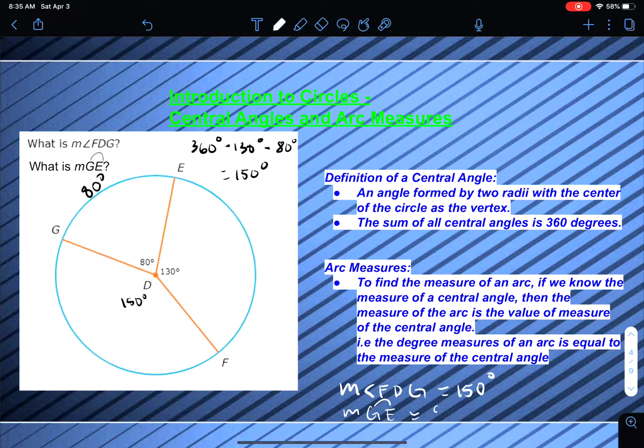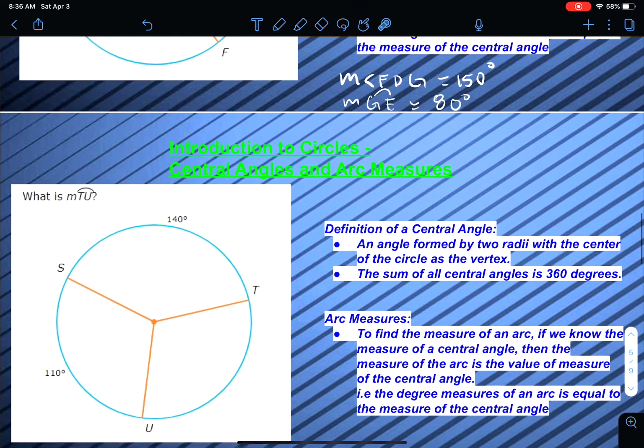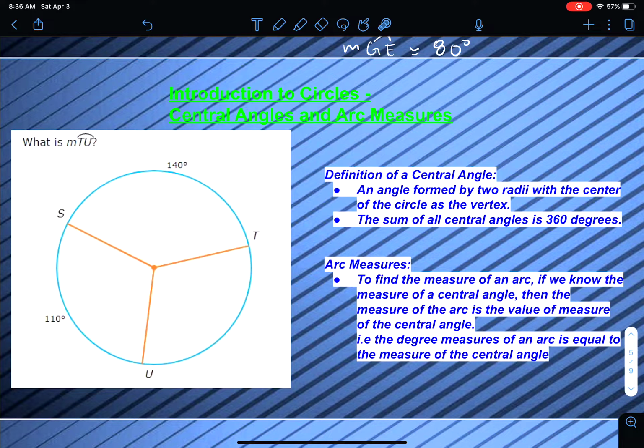That only works if you have a central angle. If you have a central angle and you're trying to find the measure of arc GE, this is equal to this. Alrighty. Let us move on to another example.